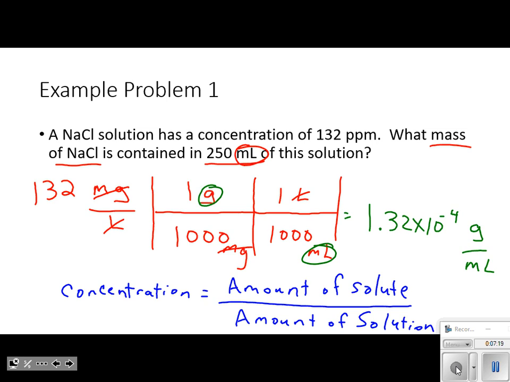Well, my concentration I just got. My concentration is 1.32 times 10 to the negative 4 grams per milliliter. I want to calculate my amount of solute. I have how much solution I need, don't I? 250 milliliters.